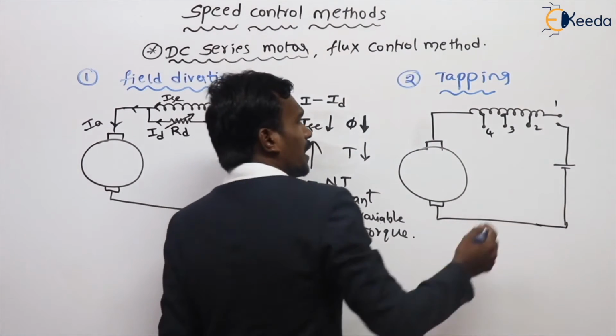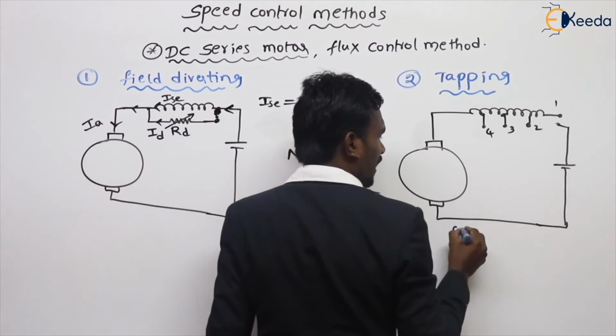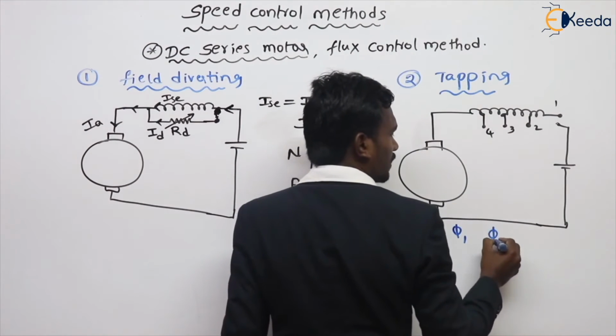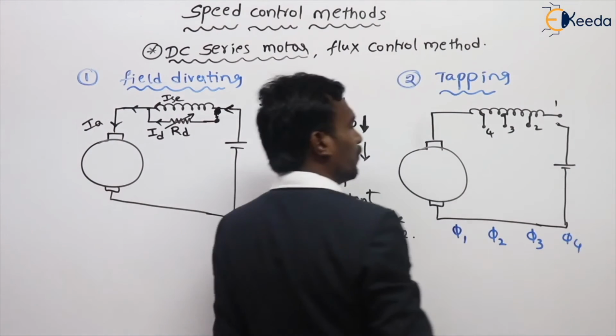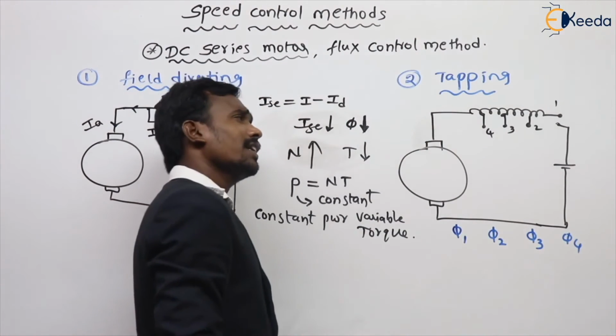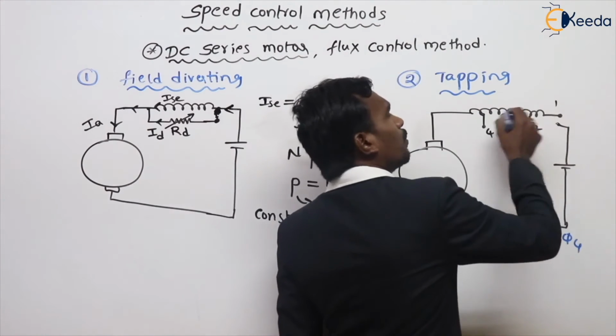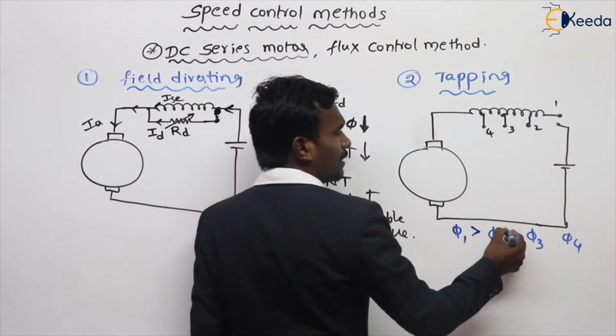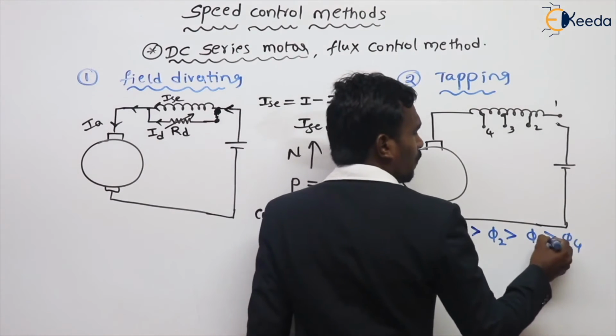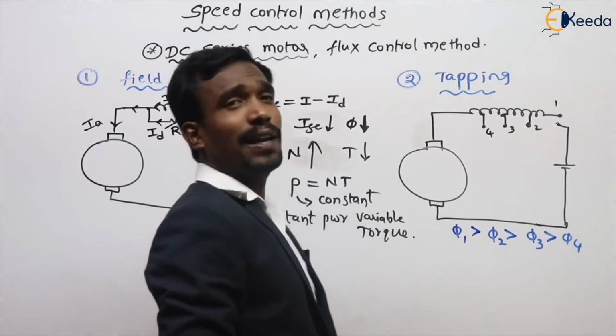For example, if it is connected to tapping 1, the flux is phi 1, and then phi 2, phi 3 and phi 4 for the others. Generally, for tapping 1, more number of turns are included. That's why phi 1 is greater than phi 2, which is greater than phi 3, which is greater than phi 4.